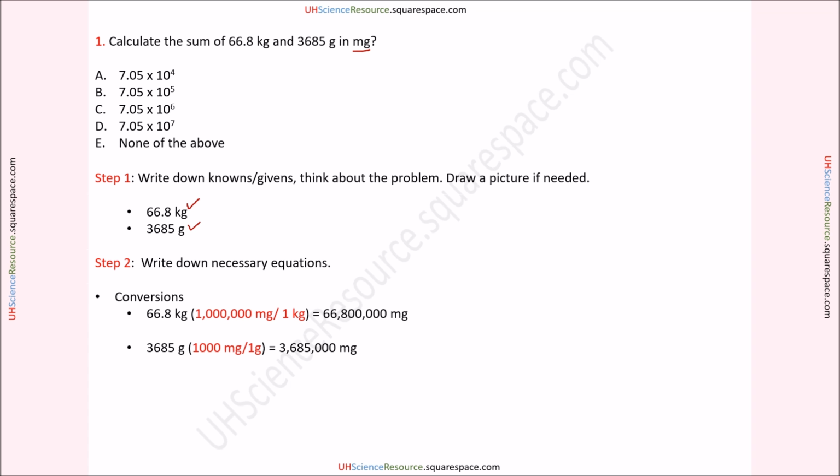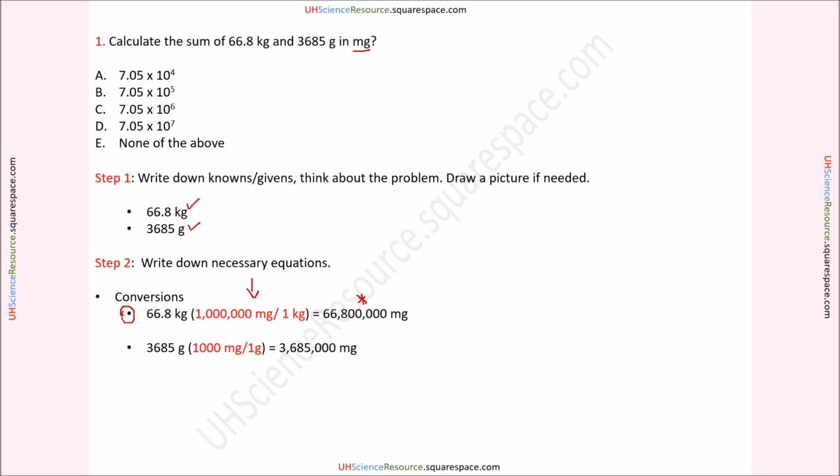For our 66.8 kilograms, the conversion factor is given right there. If we multiply our 66.8 kilograms by 1 million milligrams per 1 kilogram, this is how many milligrams it should be.